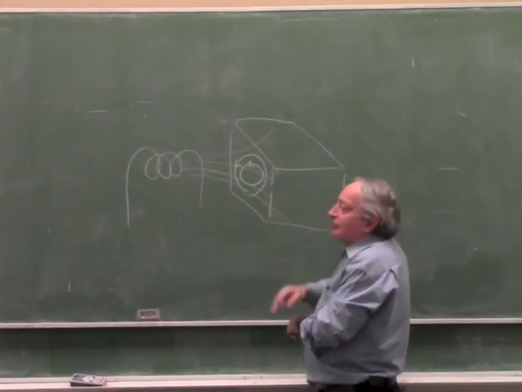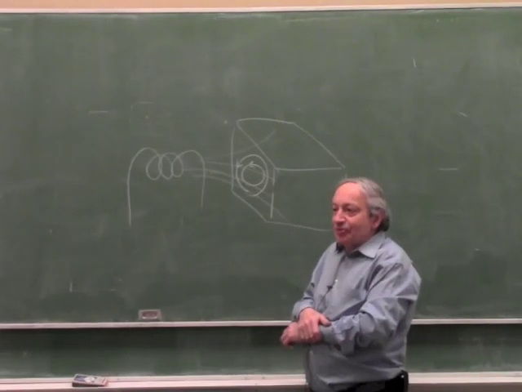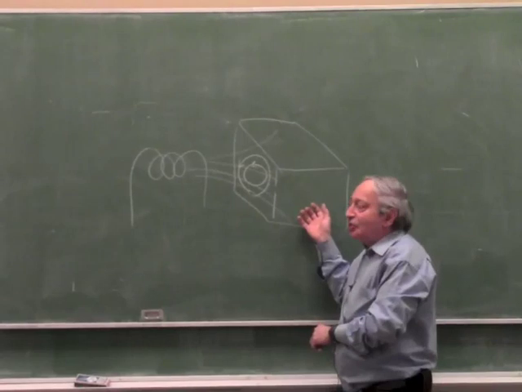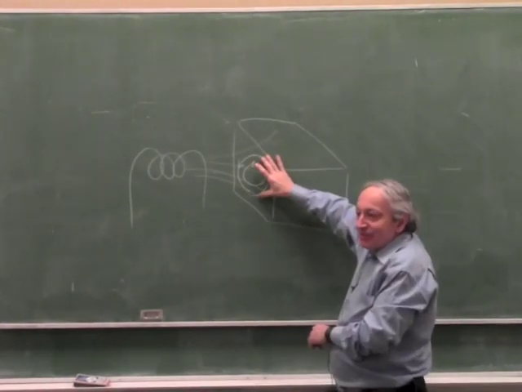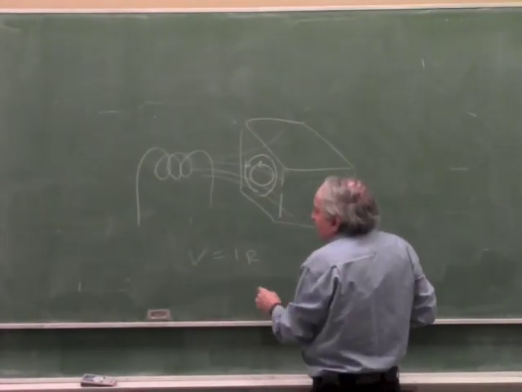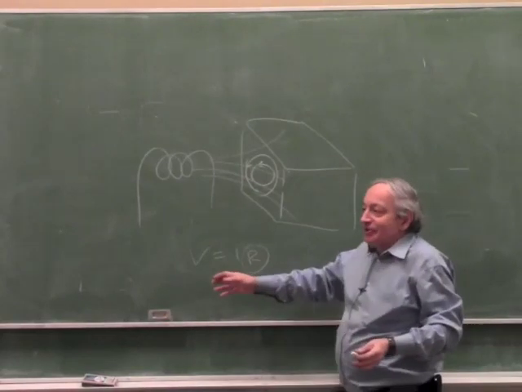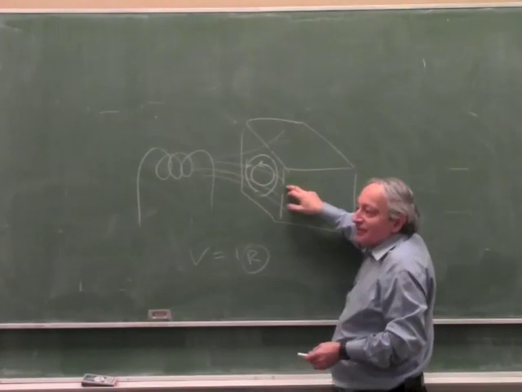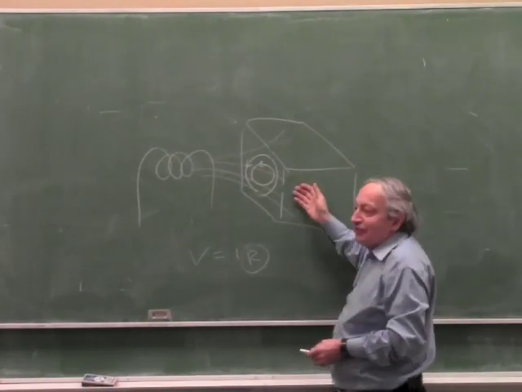If this box was a superconductor, it would be a perfect shield, because a superconductor means zero resistance. Now, zero resistance means you cannot have any potential difference, because V is IR, but if R is zero all the time, you cannot have V. So if this was a superconductor, there could be no potential difference, then there would be some surface current, but inside there would be no field at all.